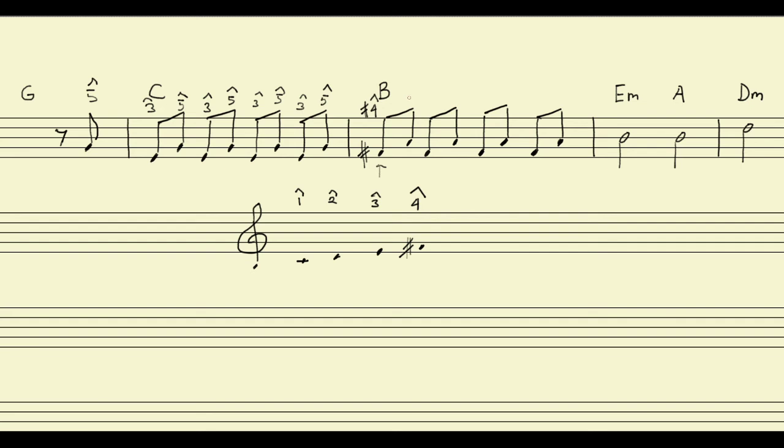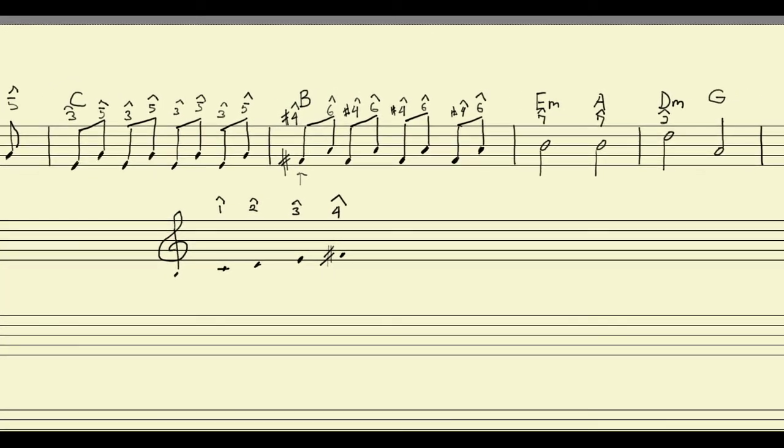So I go sharp 4, 6, sharp 4, 6, sharp 4, 6, and then one more, sharp 4, and then 6, and then we have scale degree 7, 7, and then scale degree 2, and then we have the A at the very end. Let me just get that in our view, which will be scale degree 6.